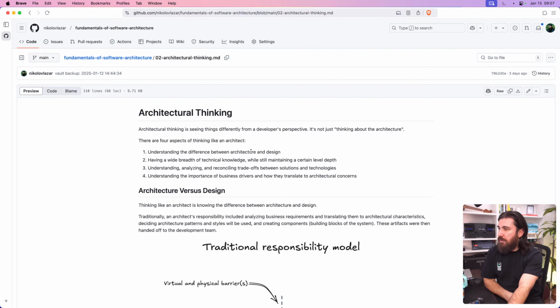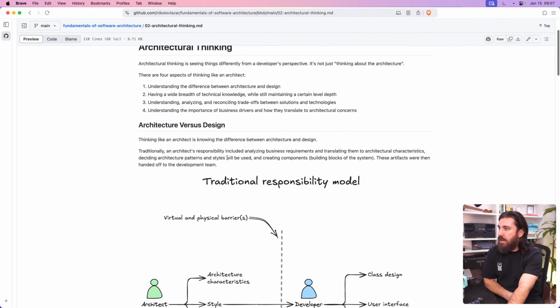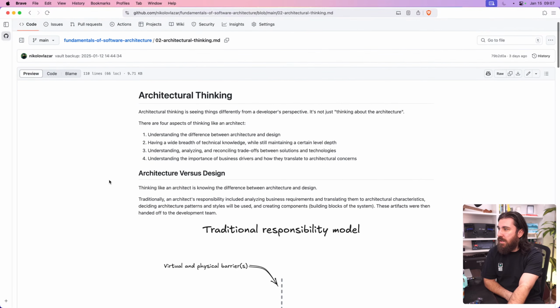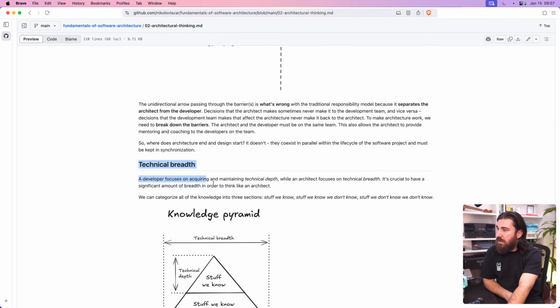This is really important, and there's a whole section dedicated to it, architecture versus design. So we'll talk about that. Second is having a wide breadth of technical knowledge while still maintaining a certain level of depth. And that is the next section right here.